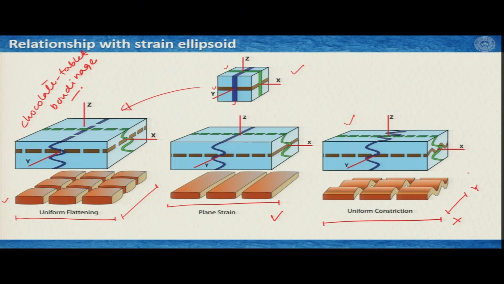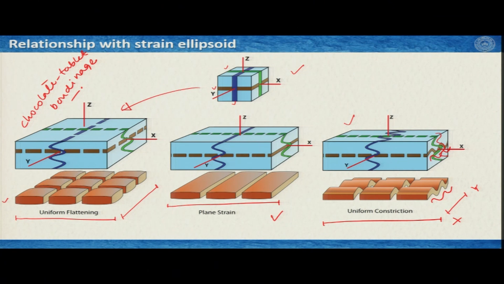Along the y direction, because it is getting compressed, it would produce compressional structures like folds. Also, the green layers would produce a compressional structure if you view the section perpendicular to x, and the blue layers also produce them on both sections, because the layer is undergoing compression in all directions.